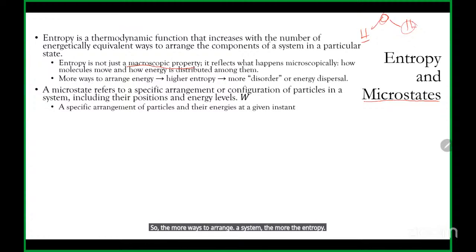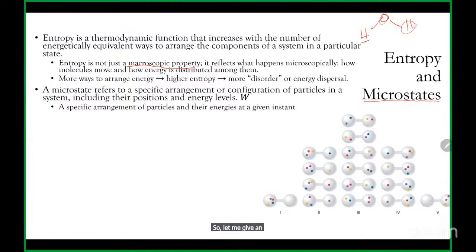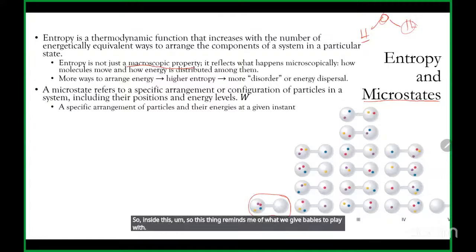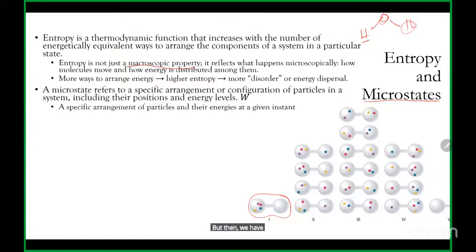Now if you can see this picture right here. This thing reminds me of what we give babies to play with. But then we have put 4 particles inside it. You know, when a baby is crying, you shake it and the baby is happy looking at it.